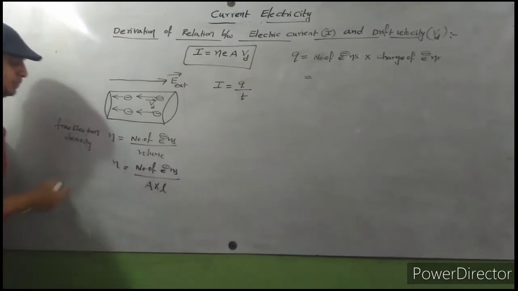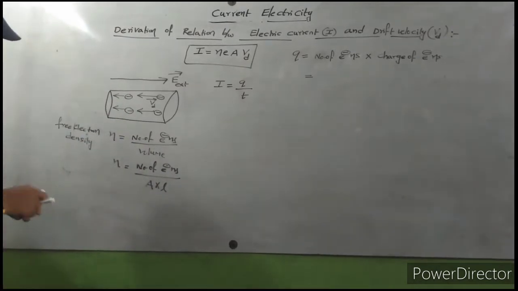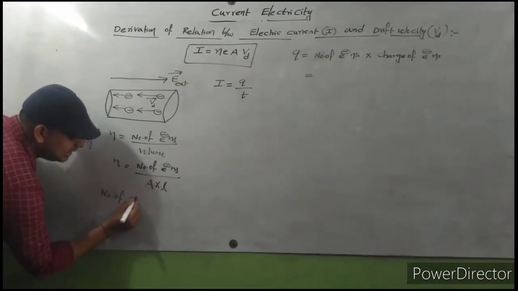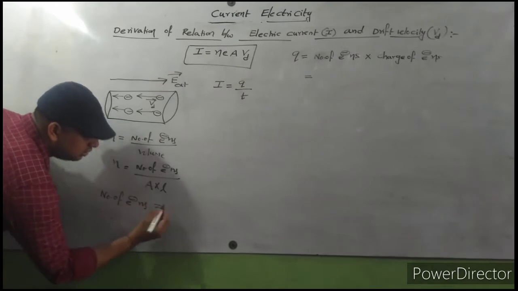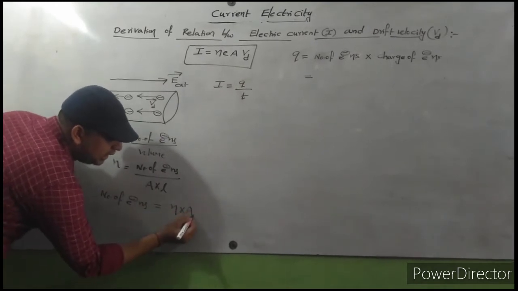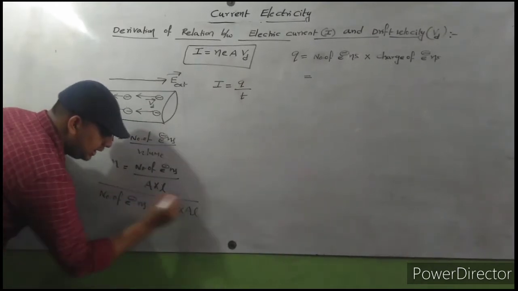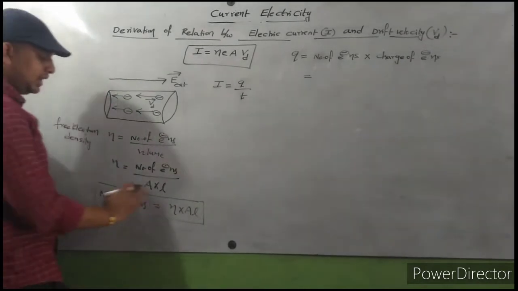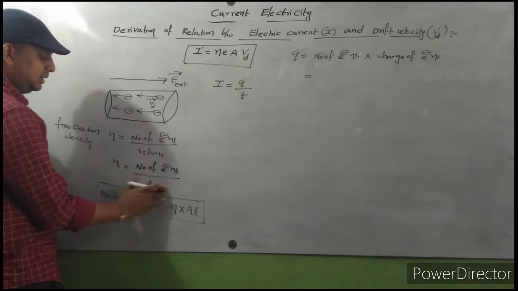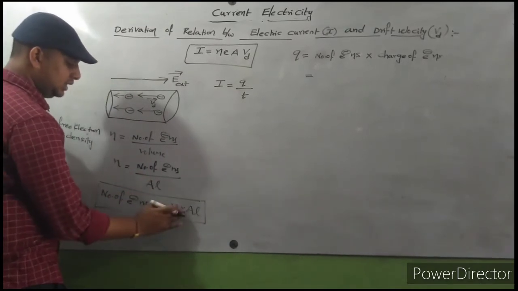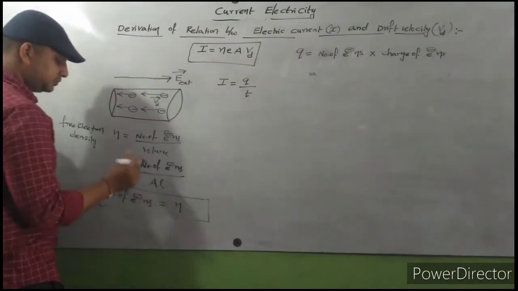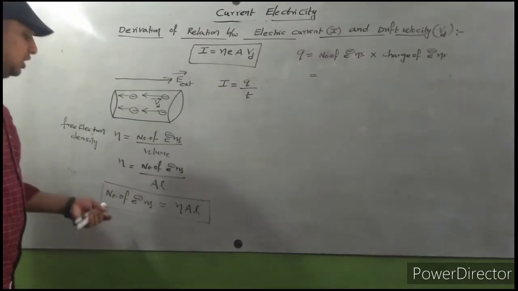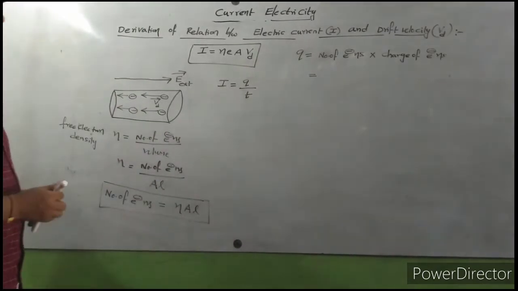So number of electrons is equal to n into AL, that is nAL. So volume is nothing but area into length.